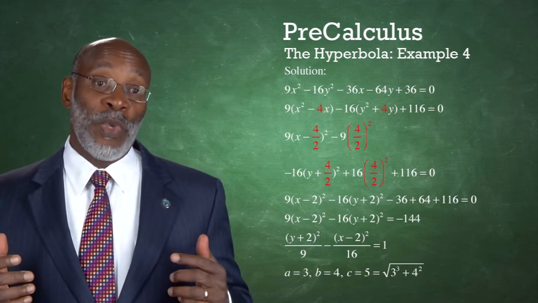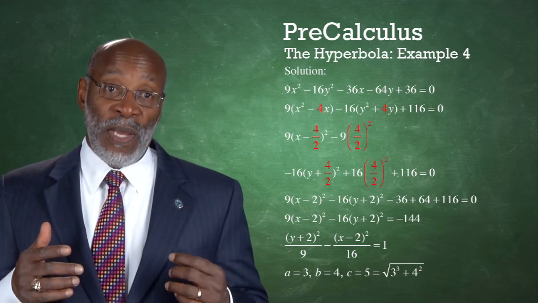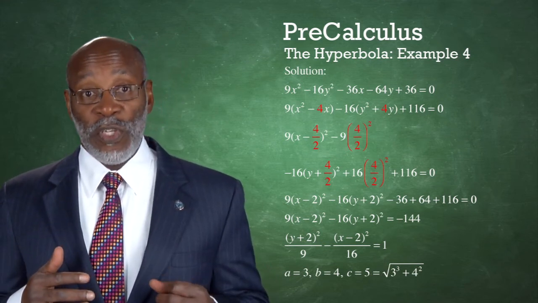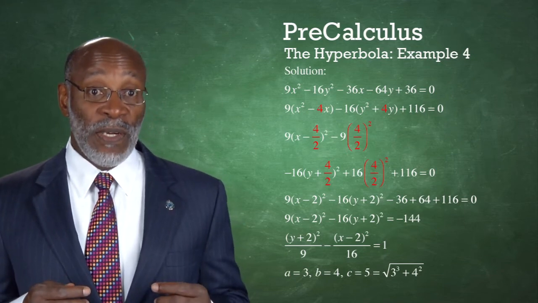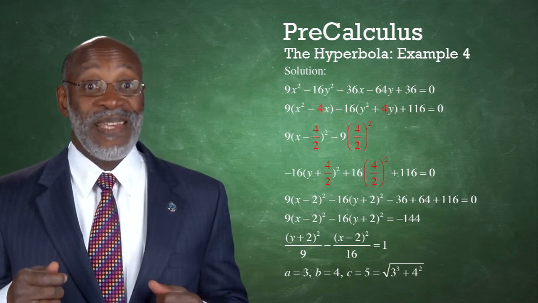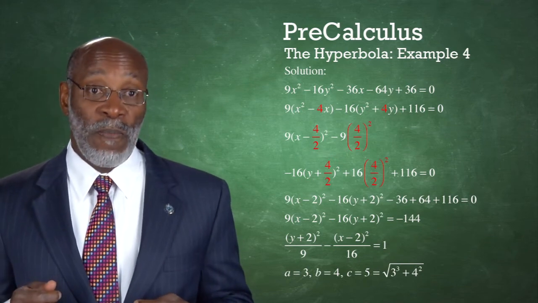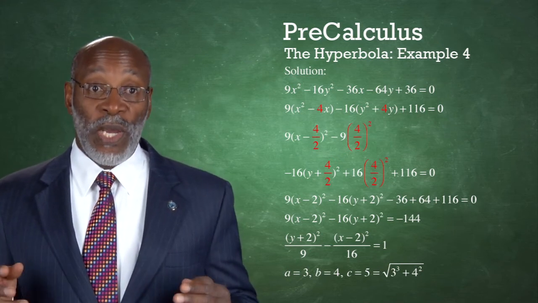Again, when we complete the square, we introduce the square of half the coefficient of x, so we have to subtract it. And here, not only do we have to subtract it, but we have to subtract 9 times that quantity. We do the same thing for the y variable.